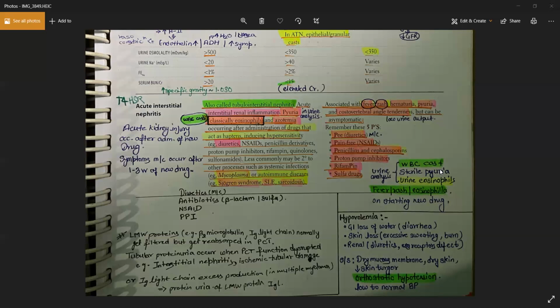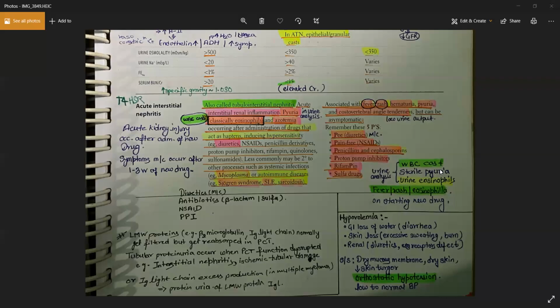Please note that the WBCs are eosinophils in that case, because it is a hypersensitivity reaction against a drug. So you will have eosinophilic casts in the urine analysis. So for a patient with fever, rash, eosinophilia, eosinophilic casts in the urine, hematuria, flank pain, think about acute interstitial nephritis after starting a new drug.